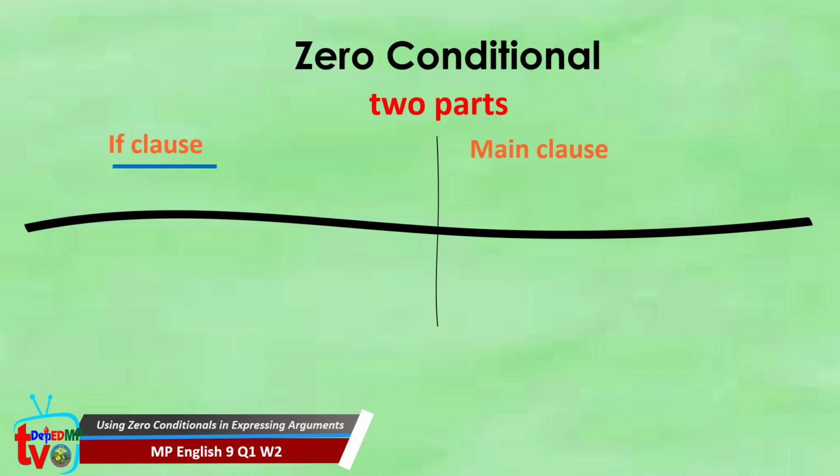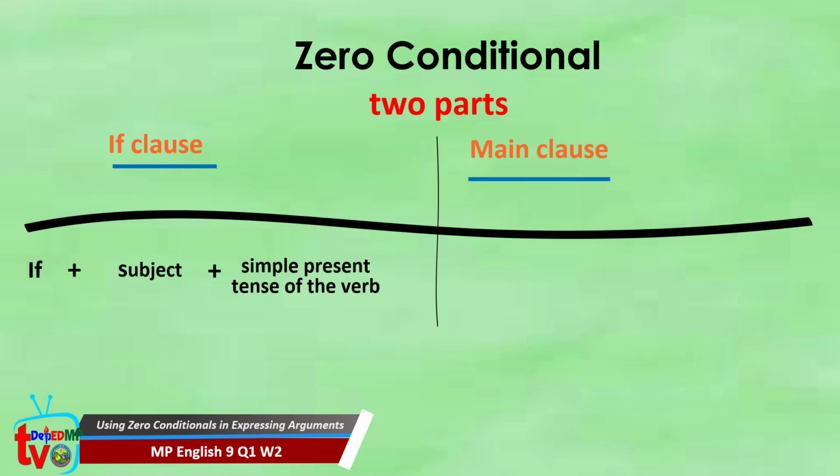So for the if clause, we follow the pattern if plus subject plus the simple present tense of the verb. And for the main clause, the pattern is subject plus the simple present tense of the verb. Now take a look at the verbs to be used in the two clauses. Have you noticed something similar?